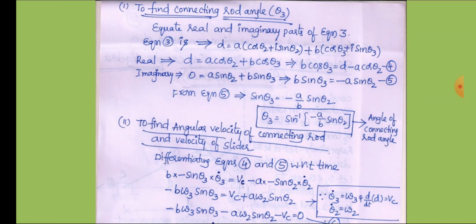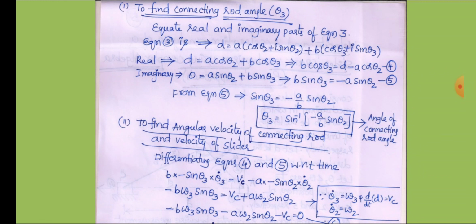Now from equation 5 I can write sin theta 3 is equal to minus a by b into sin theta 2. From this, theta 3 is equal to sin inverse of the whole thing on the right hand side, that is minus a by b into sin theta 2. So what is theta 3?